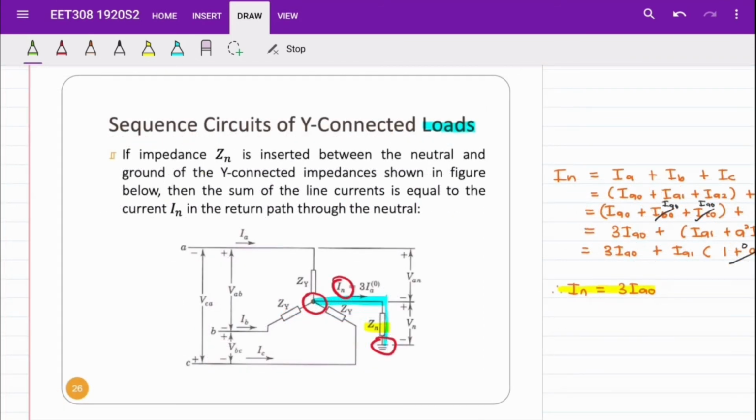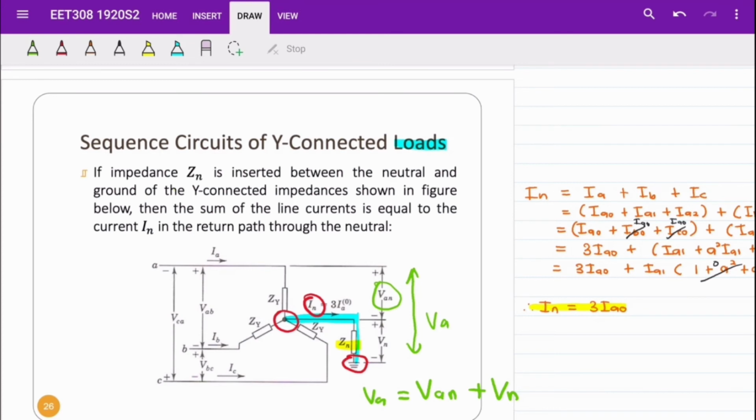If we refer to the circuit, VAN is voltage of phase A with respect to neutral, and VA is voltage of phase A with respect to ground, where VA is equal to VAN plus VN.